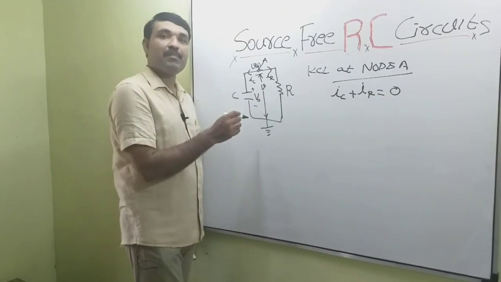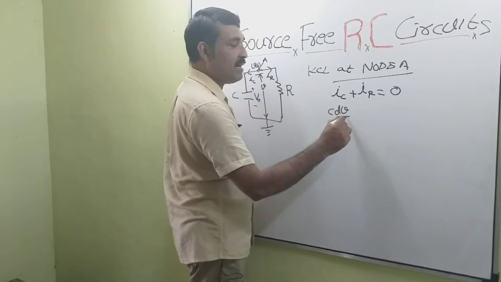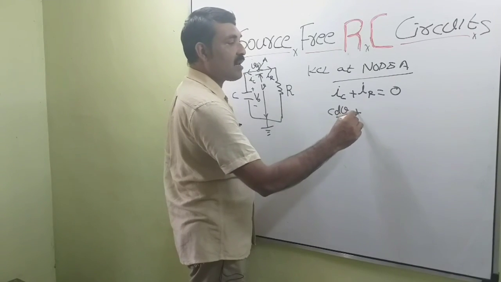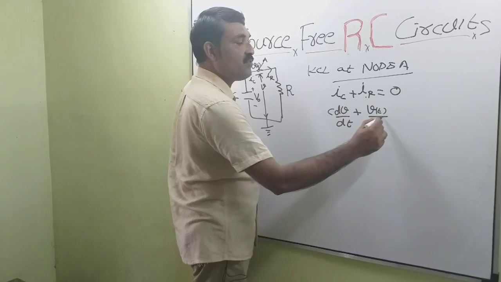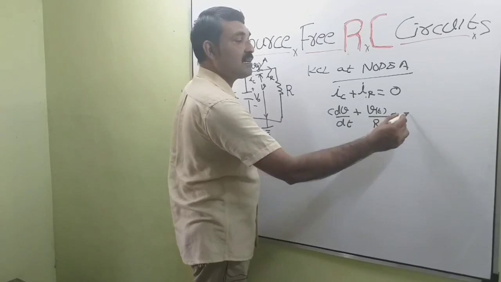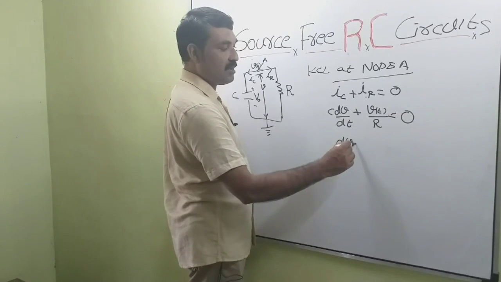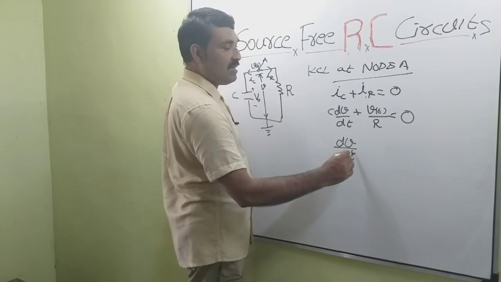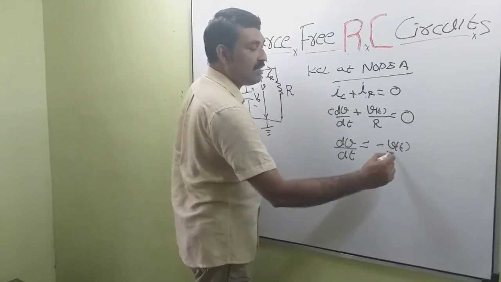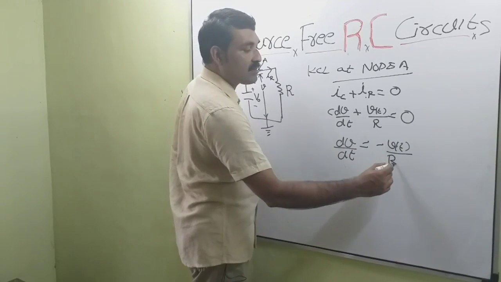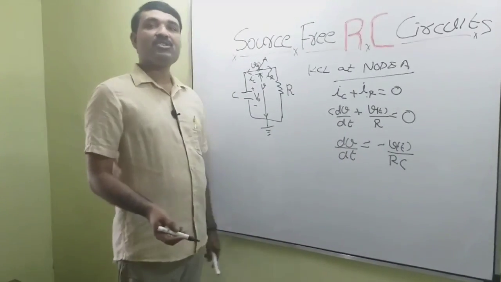Now, current through the capacitor is given by C dV by dt and current through the resistance is given by V of t divided by R. This is equal to 0. Now, we can write dV by dt is equal to minus V of t divided by RC, taking this C to the RHS. This is equation number 1.